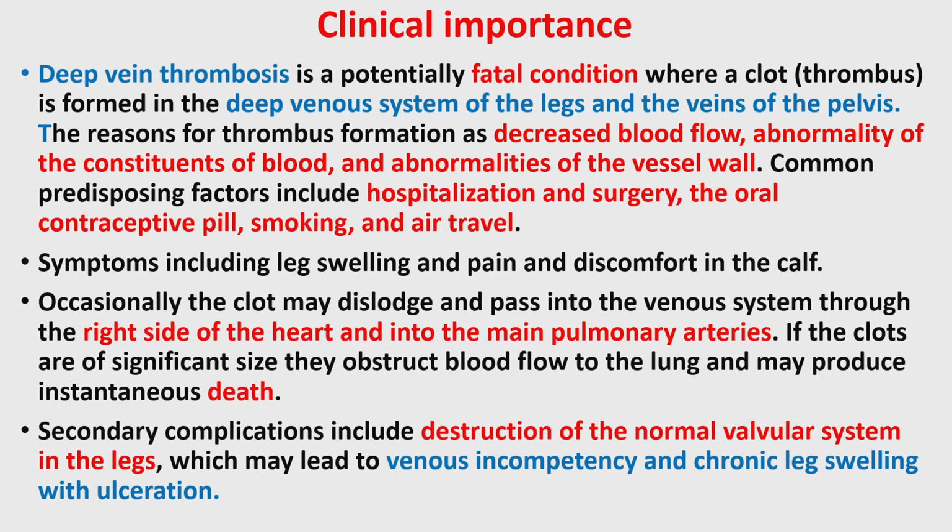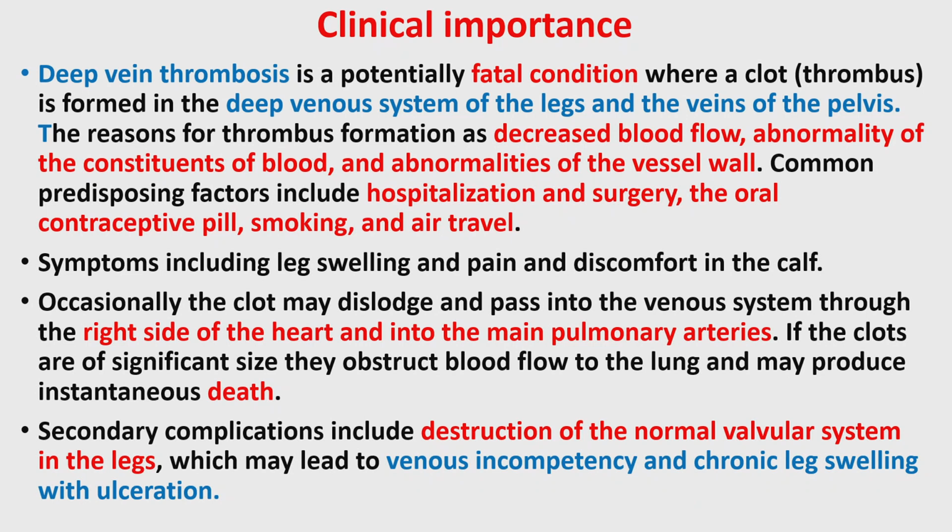Why are we concerned so much about this venous circulation? Because usually, mainly in the leg region, we have thrombosis, deep vein thrombosis, that can potentially be a fatal condition.